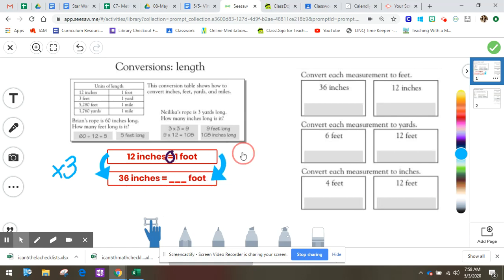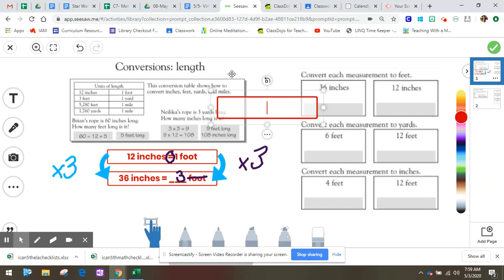So then I have 1 foot times 3 over here. So 36 inches is equal to 3. And then this, once it goes plural, it goes away from foot and it goes to feet.